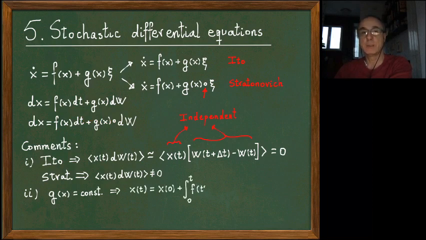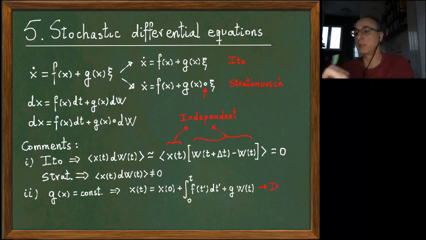This is f(t') dt' plus the integral of dW, which is just the Wiener process. So we get W(t), and we don't really get a stochastic integral. We get a trivial stochastic integral. So this means that the Ito and Stratonovich are equivalent.